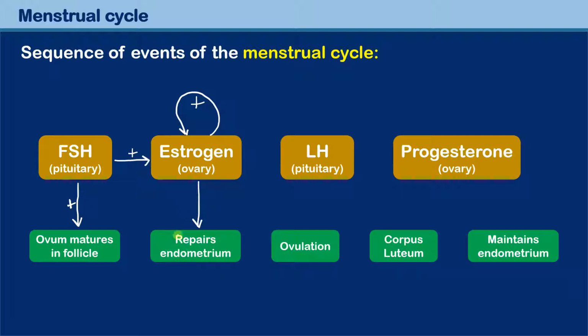It was basically sloughed off and was lost, and it's now being regenerated. So over here we have another positive effect. As the level of estrogen rapidly increases, this tells the pituitary gland to produce the next hormone. And so I'm drawing an arrow over here, a positive effect on the pituitary.